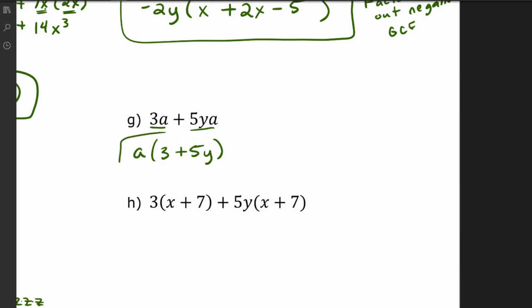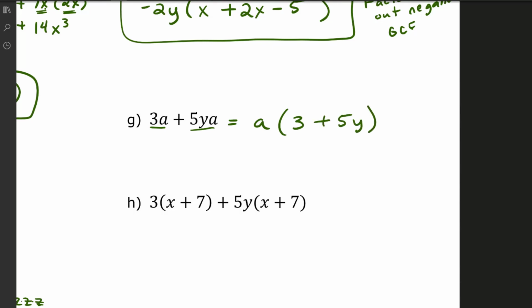So this would be your factorization of that right there. And honestly, I should be writing the equal sign with it right beside. So this is equal to a times, in parentheses, 3 plus 5y. And you could distribute the a to see what's going to happen.